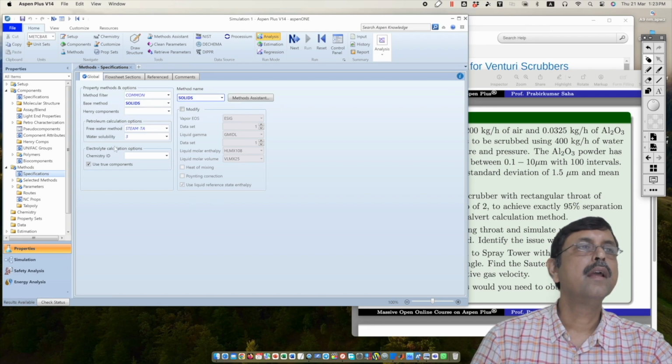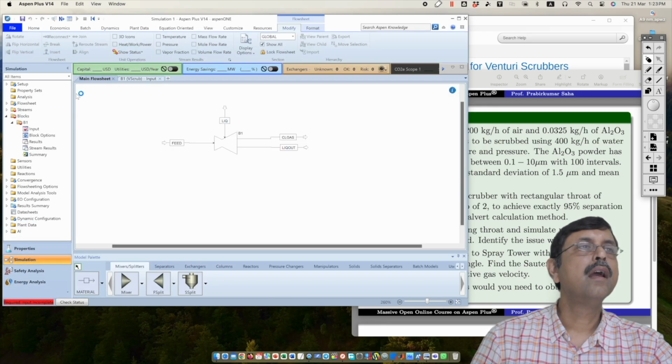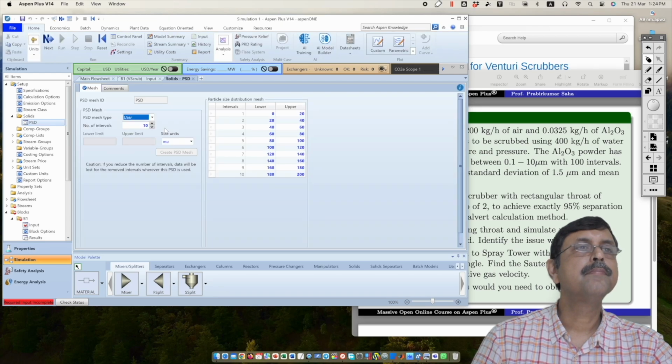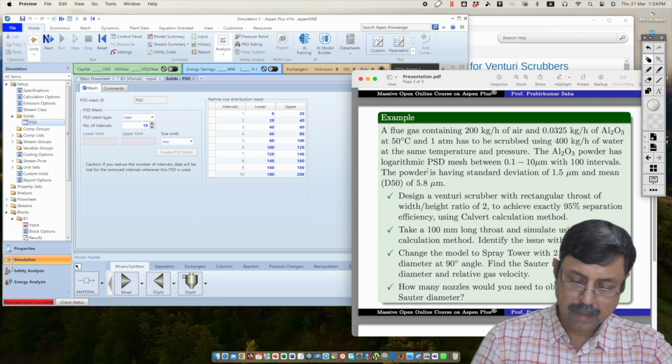Okay. Now let us go to the simulation window once again. Go to the setup, fix up your PSD. Now what is PSD? We have logarithmic PSD mesh between 0.1 to 10 micron with 100 intervals.